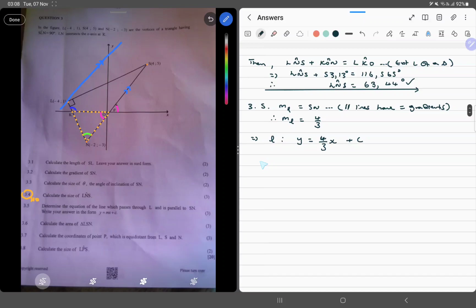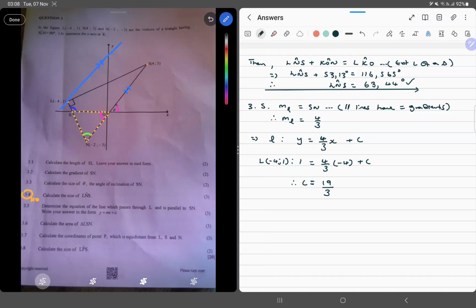Then through point L, which is (-4, 1), 1 is going to be equal to 4/3 times -4 plus c. Therefore, our c is going to be equal to 1 plus 16/3. That gives us 19/3.